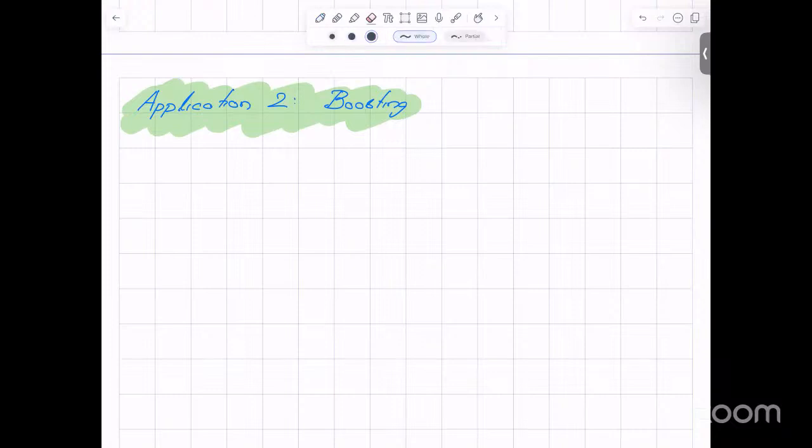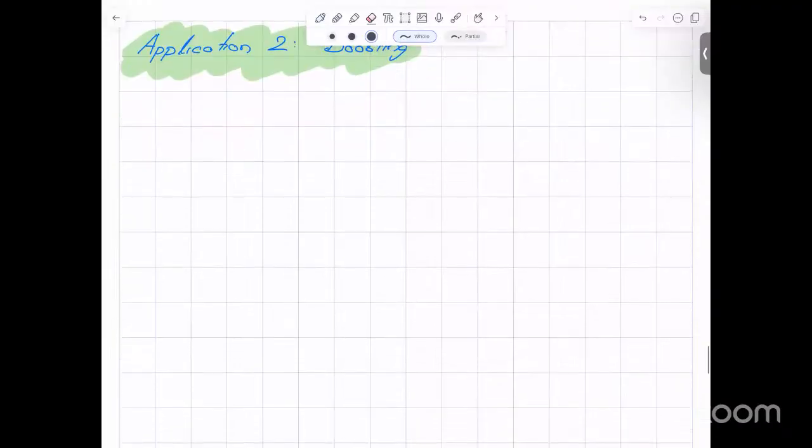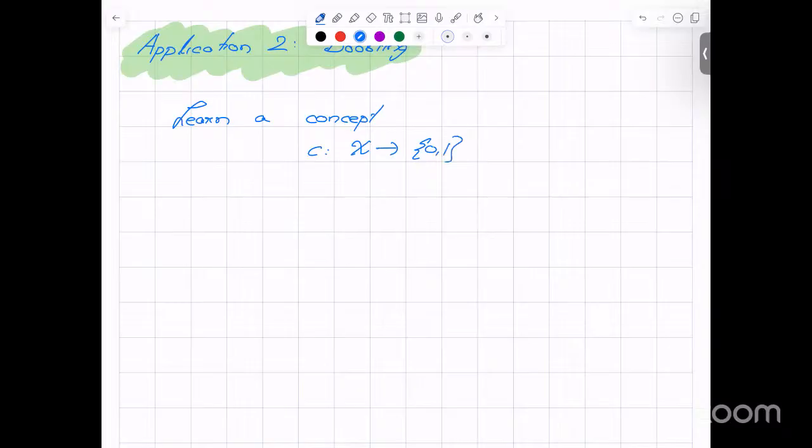So what is the application? We want to learn a concept. And what's a concept? A concept is just some function from a domain chi to 0, 1, possibly a very large domain.